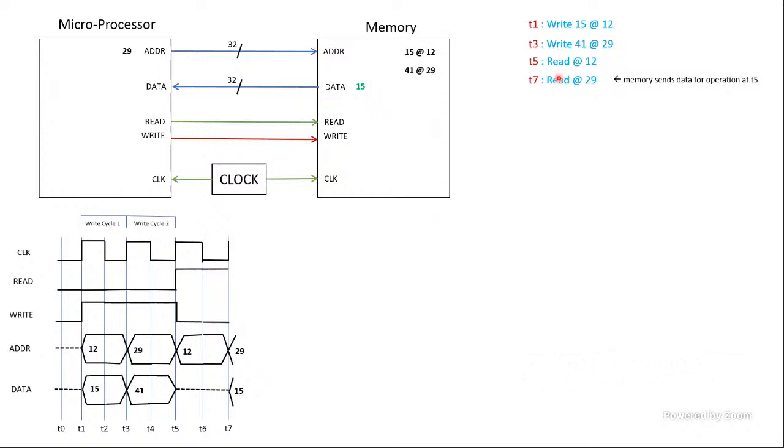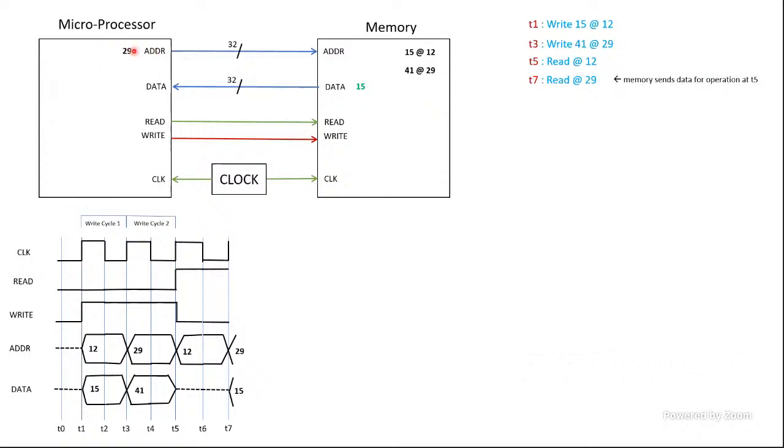One, the processor is sending a read request for 29 to the memory. See, it changes the address to 29, keeps write at logic 0 and read high. That means it is sending a read request to the memory to read from address 29.